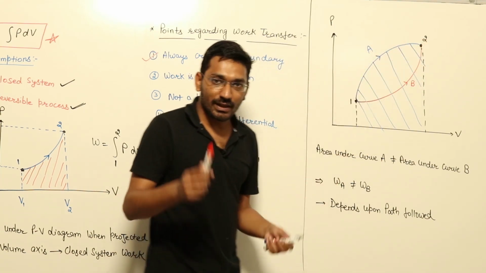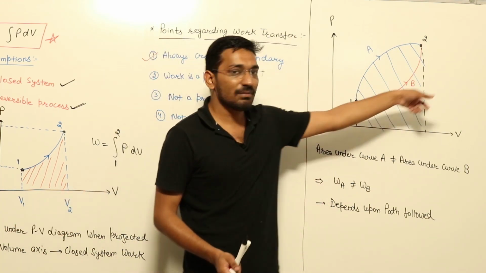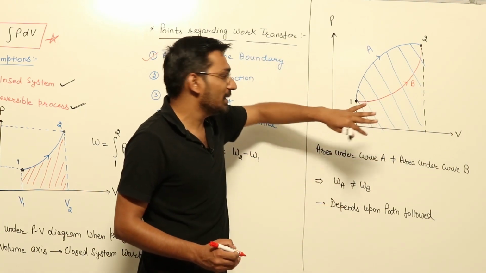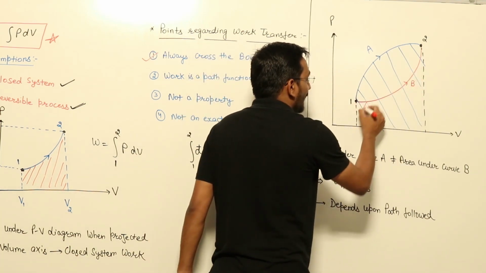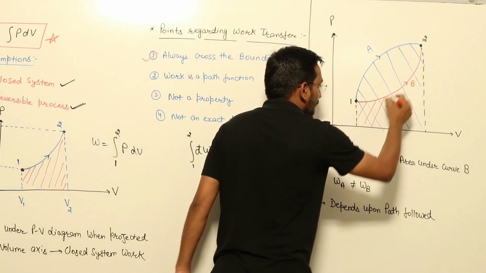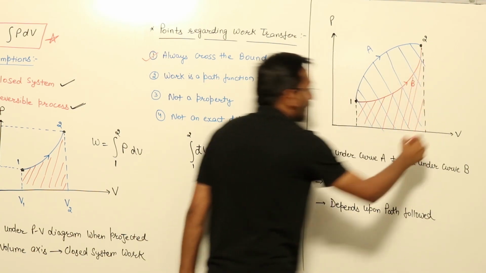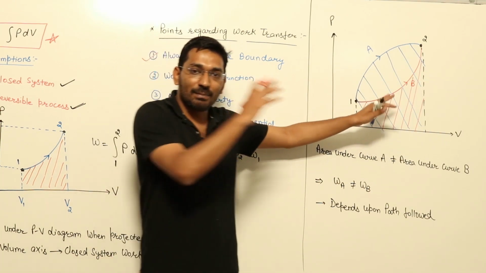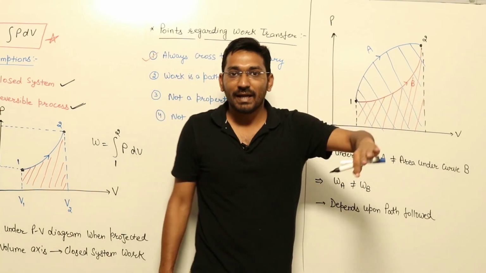Now we want to calculate the work done by the system on the surroundings if it is taking process B. As we know, the work done will be the area under the curve. So the curve is this B, and the area under the curve will be this one. This red shaded area is the work done in the B process and this blue shaded area is the work done in the A process.